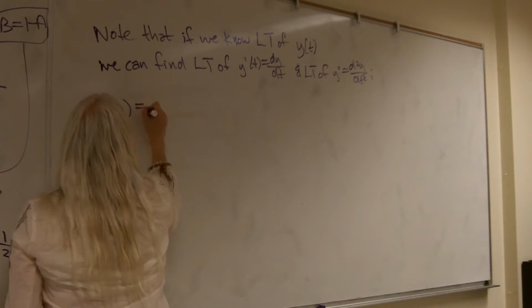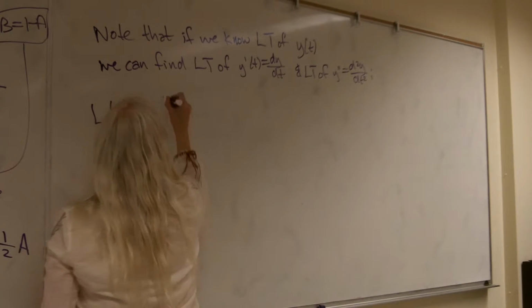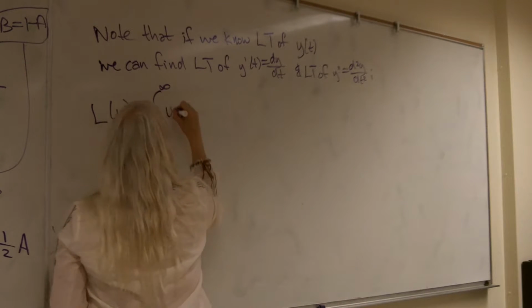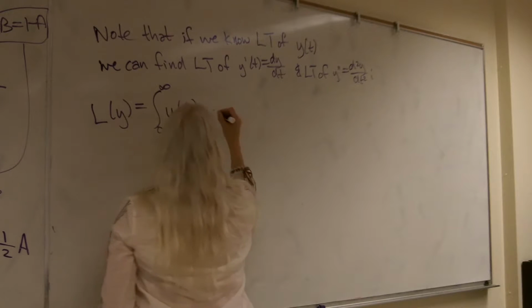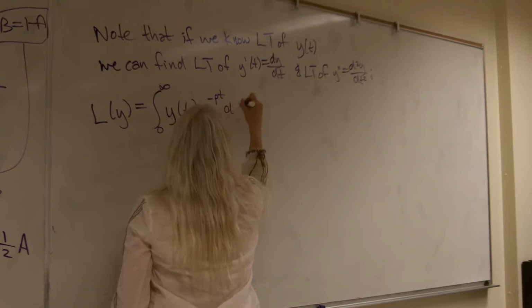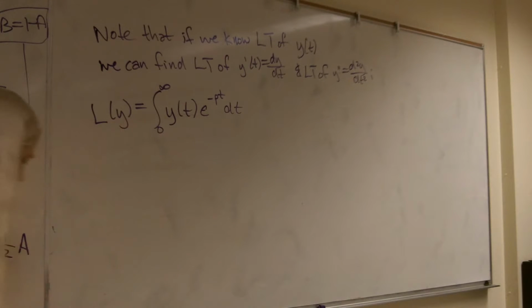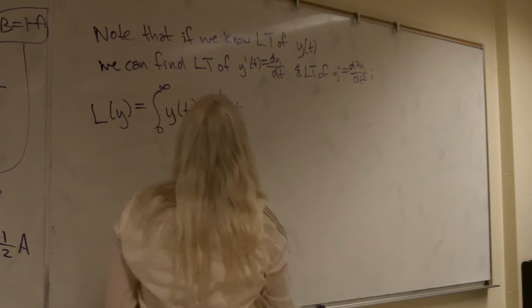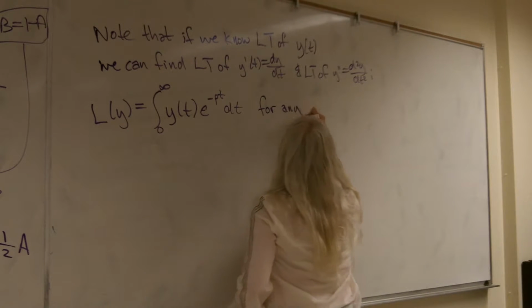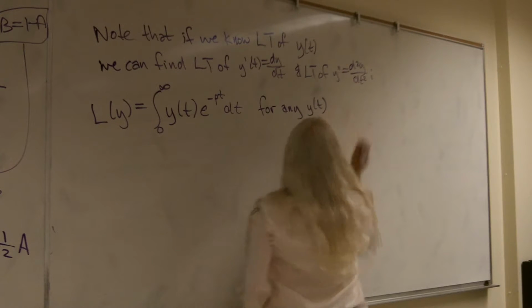Well, the Laplace transform of y, using the definition of Laplace transforms, is the integral from 0 to infinity of y of t times e to the minus pt dt. Okay, this is true for any function y of t.